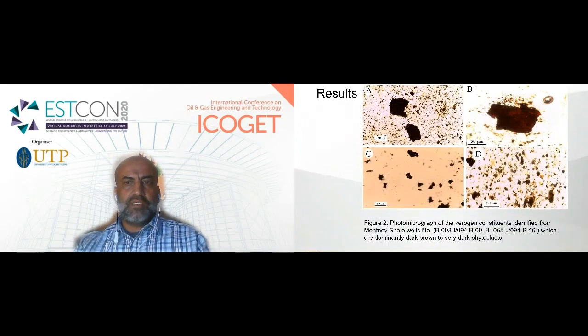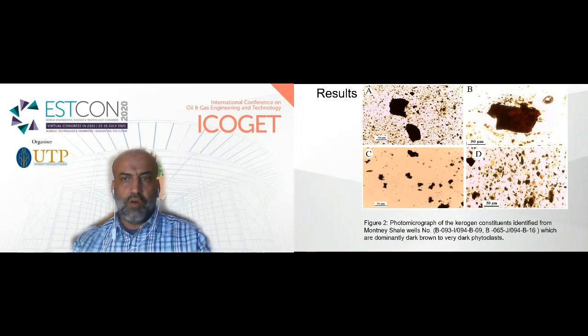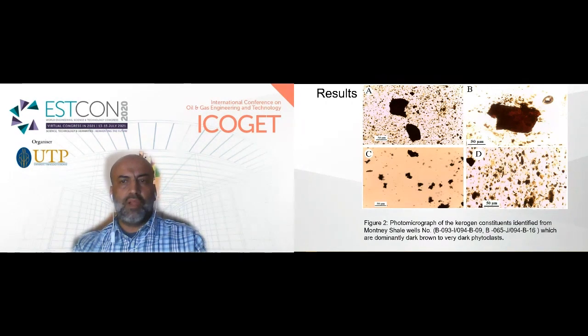The use of organic methods to assess thermal maturity gave results almost consistent with those of geochemistry. The overall organic constituents in the studied slides show a dark brown to very dark color, as we can see in figure 2A, B, C, and D.